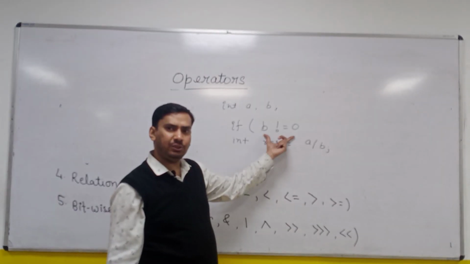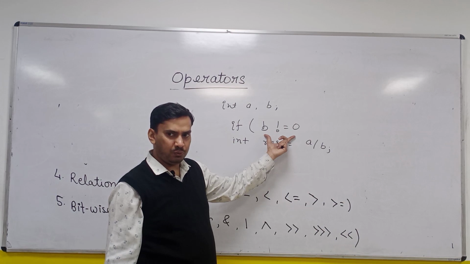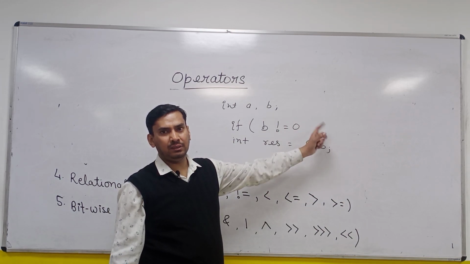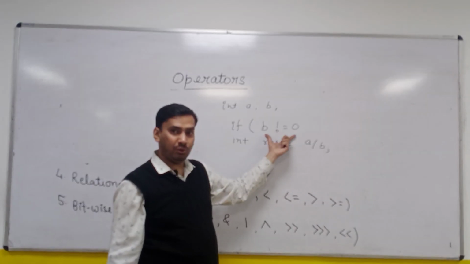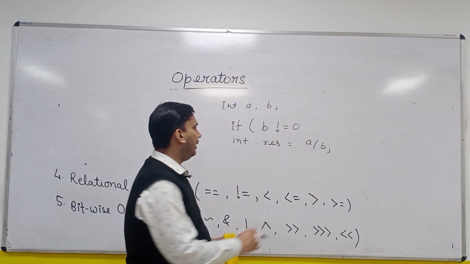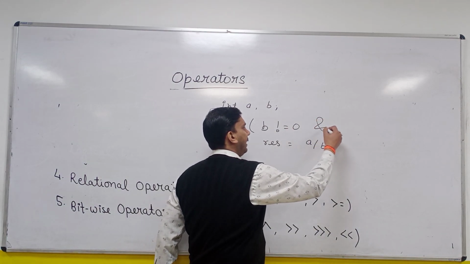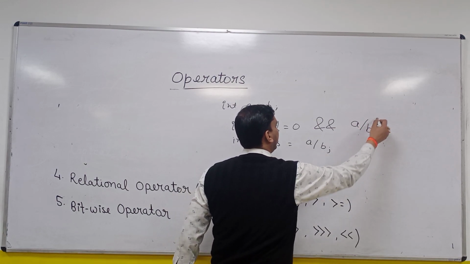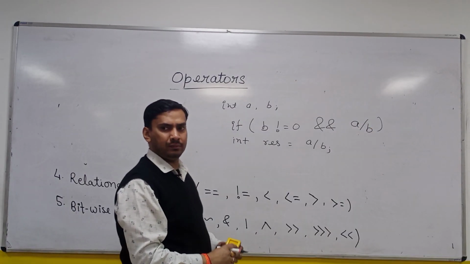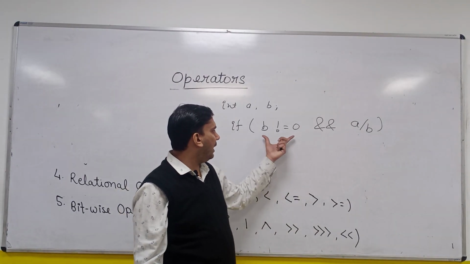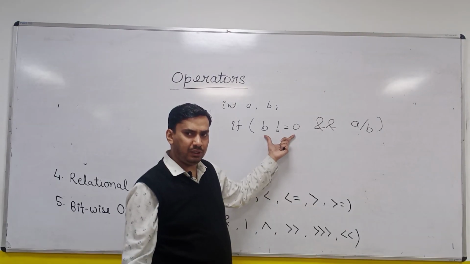If this condition is true, then only I need to go to the second one. If b is 0, I must not go to the second condition, otherwise we will get the error. So I will write here AND a divided by b. Is it clear?